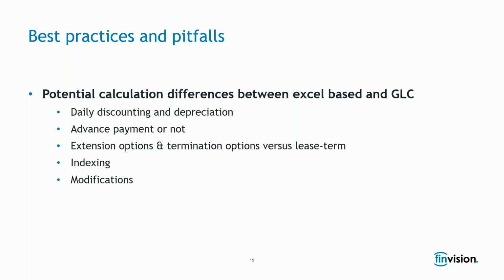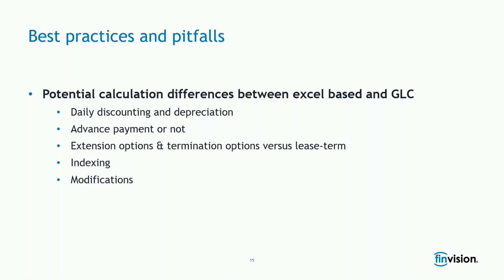Also in Excel, very often we have not considered whether it is an advance payment or not. We have everything considered as a period-end payment, while it is an advance payment, so this will also have a certain impact with the discounting. Very often extension options and termination options were ignored in the Excel. We only looked at the base lease term and ignored extension and termination options, which may have an impact.